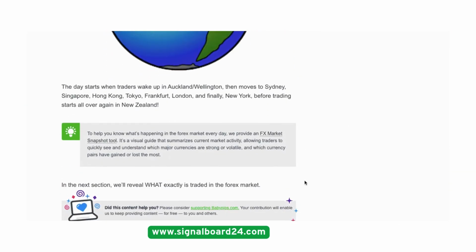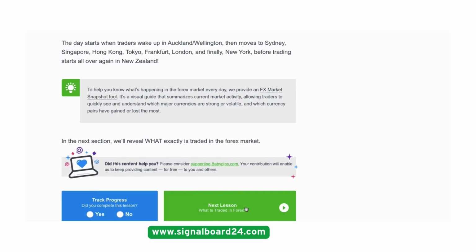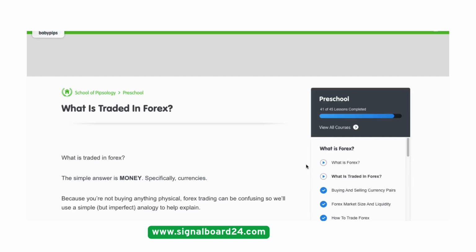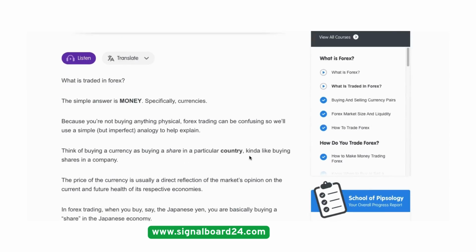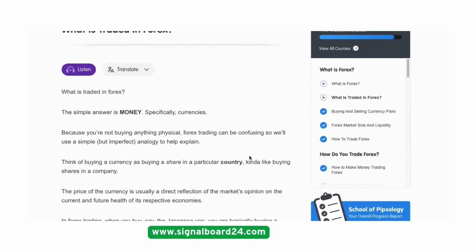We've seen what Forex is. Next, what is traded in Forex? The simple answer: we are trading money. There is no actual product being traded.